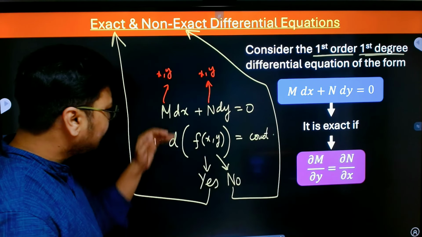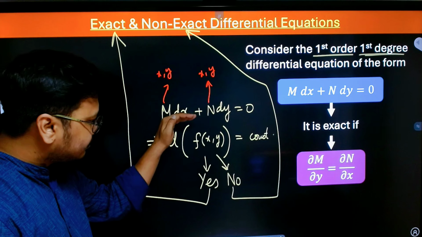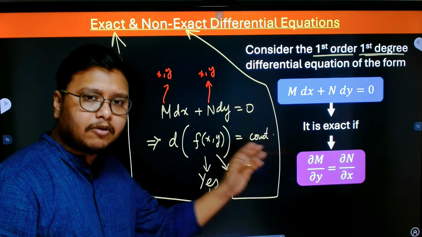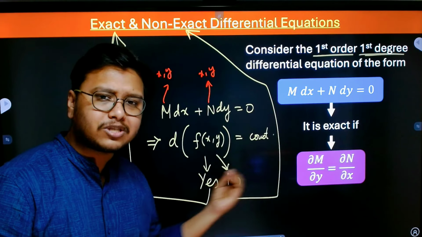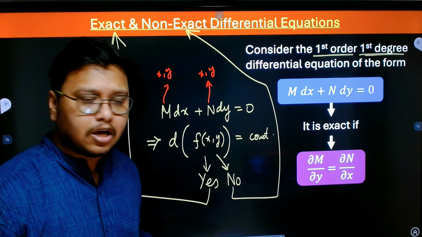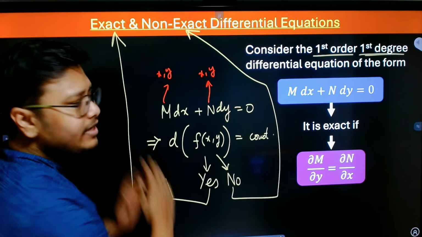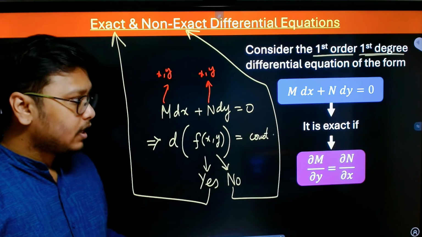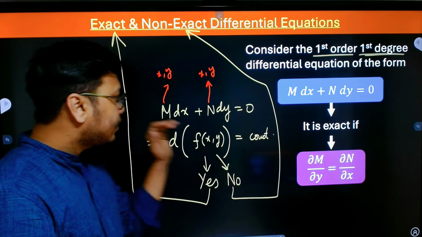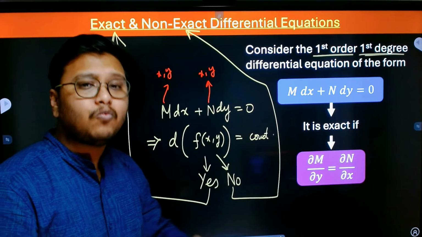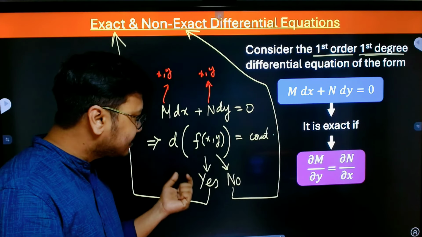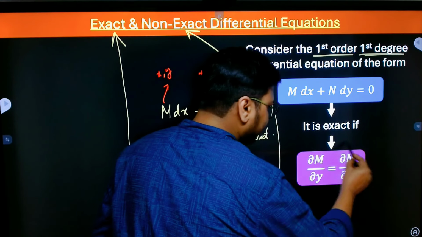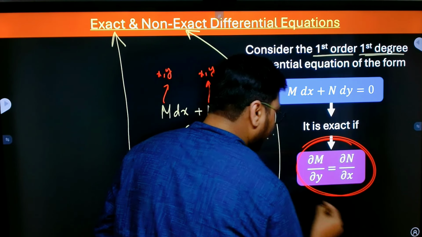But if we can write this differential equation in this format, we can just integrate both sides and we would reach our answer. So if it is exact, we can directly reach our answer after arranging it in this way and integrating both sides. Now the question is, if I look at a differential equation, how will I understand whether it is exact or non-exact? To understand that, this is the required criteria.